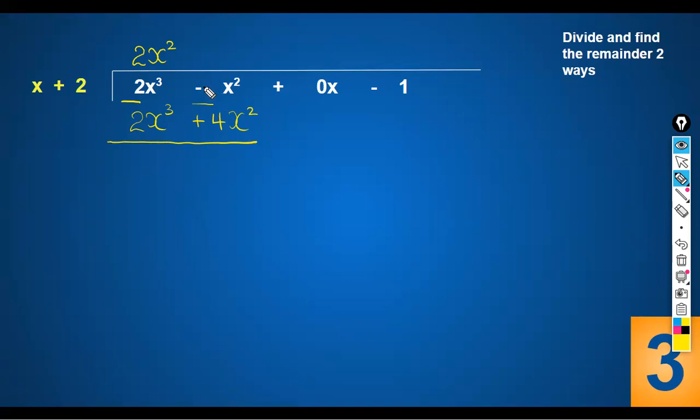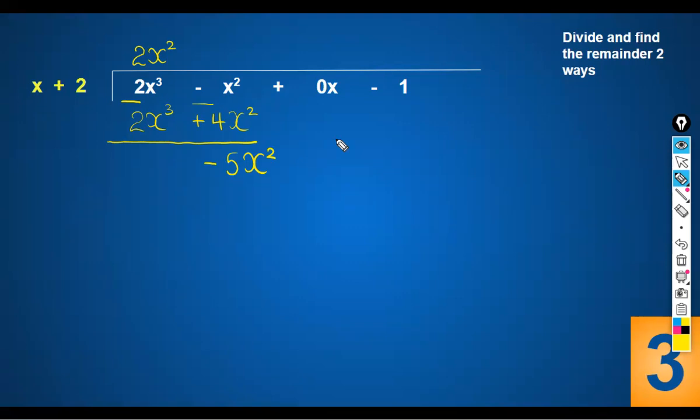But then we have minus 1x squared minus 4x squared. Remember, a minus and a positive is a minus. So minus 1x squared minus 4x squared. I'm getting minus 5x squared. How many people had the minus 5x squared? If you have that wrong, well, everything else falls apart from there.